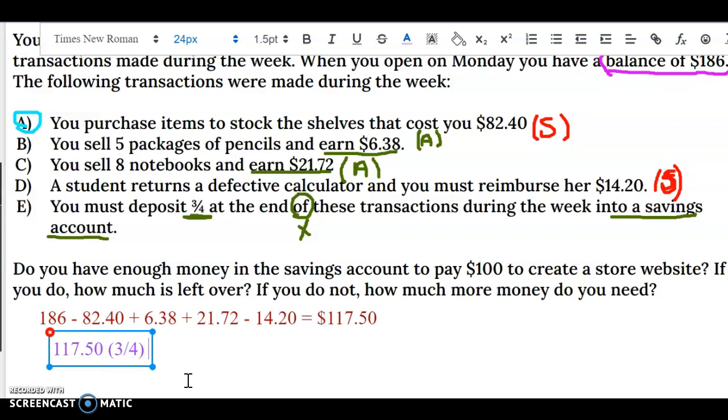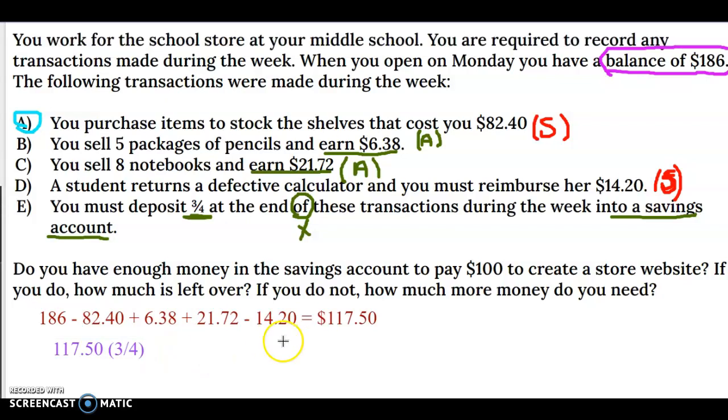Now on your calculator, you can do this very easily because you have a fraction button on there. If you don't, you can just write it out and know that when you multiply fractions, you can put the 117.50 over 1. And when you're multiplying that by 3/4, remember you just multiply straight across.